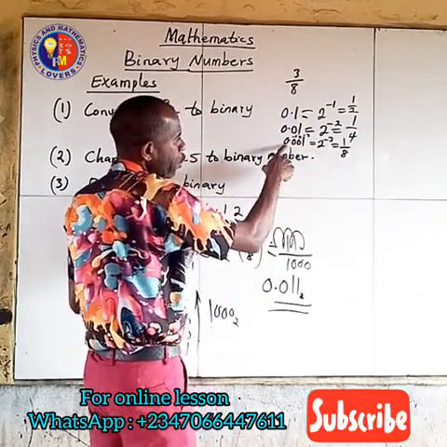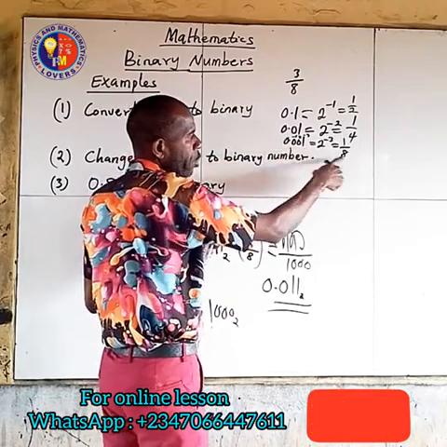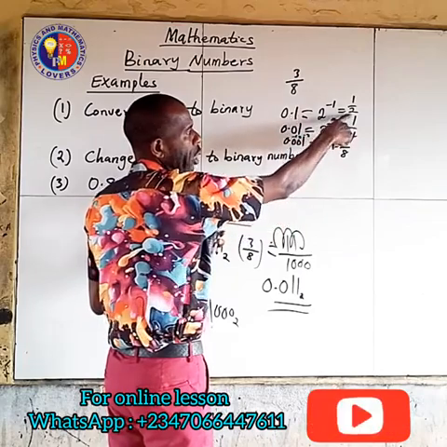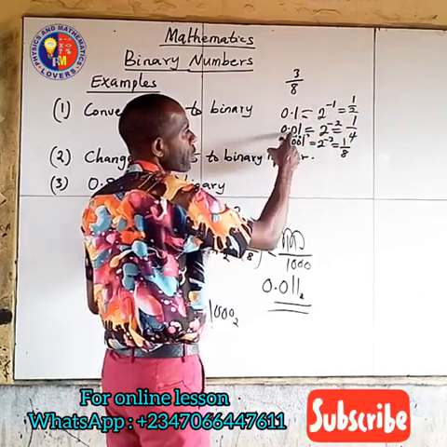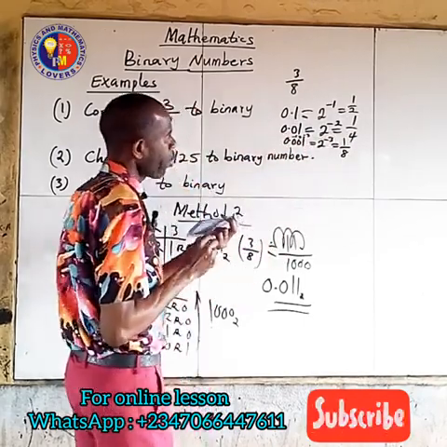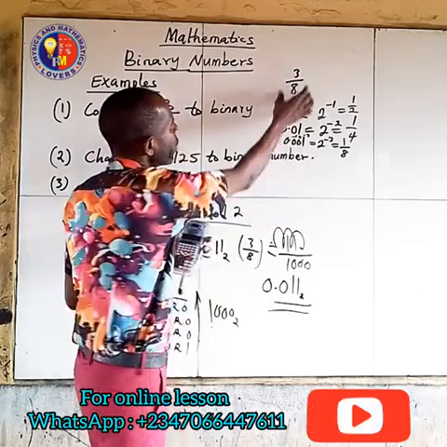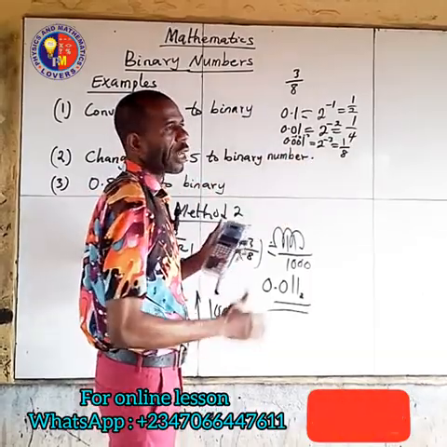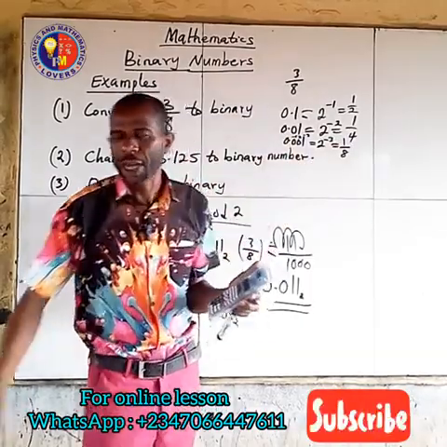So 0.001 is equal to 1 over 8, 0.1 is 1 over 2, and 0.01 is 1 over 4. Why am I explaining this? I want to break this down so that I can have something like 1 over 4 and 1 over 8, and at the end of the day, I express the whole thing and get my answer.